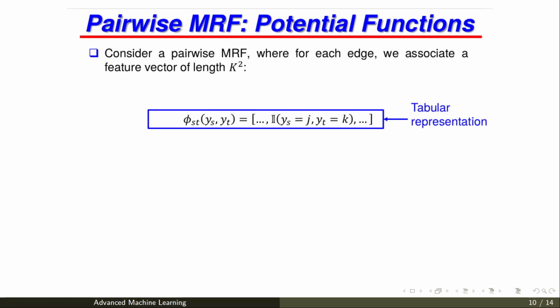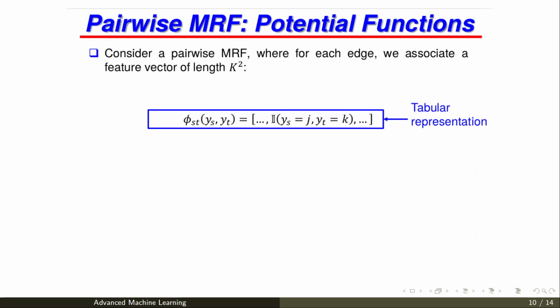So the potential within the table is effectively the same as the potential with the parameter theta st. There is a similarity between the discrete model and the log linear model, but obviously the log linear model is very general.